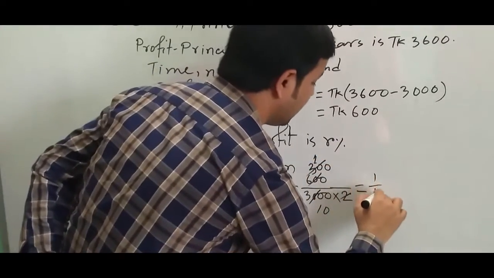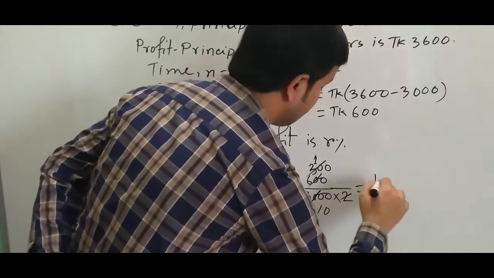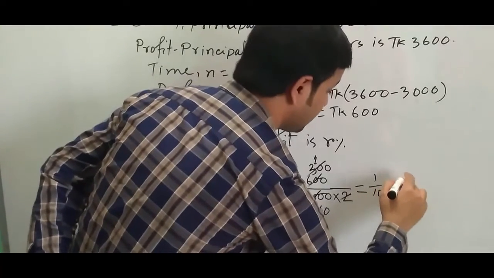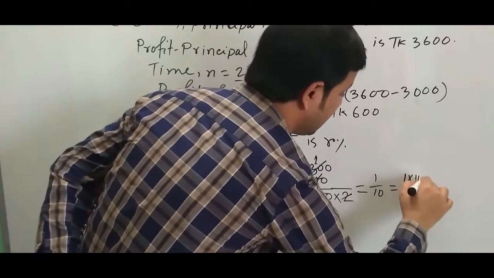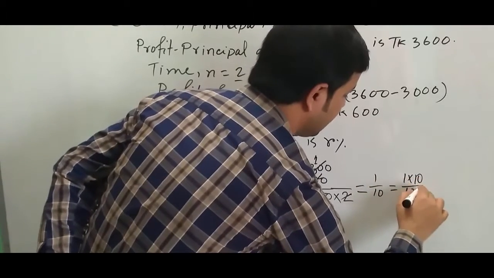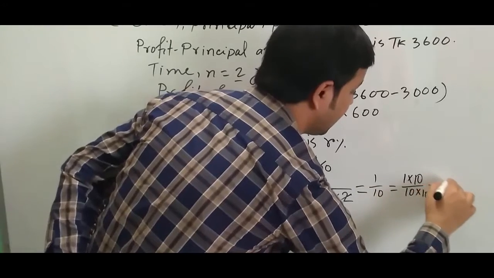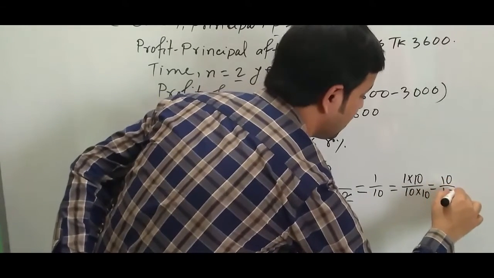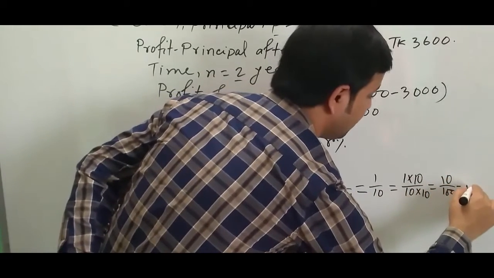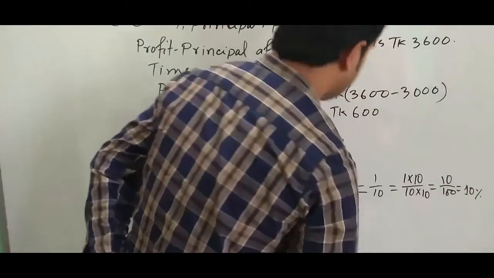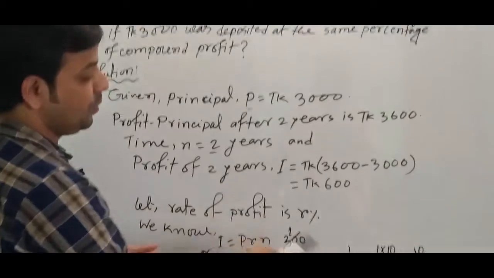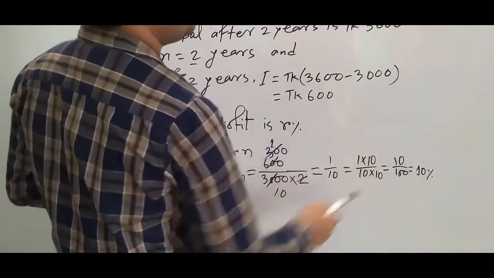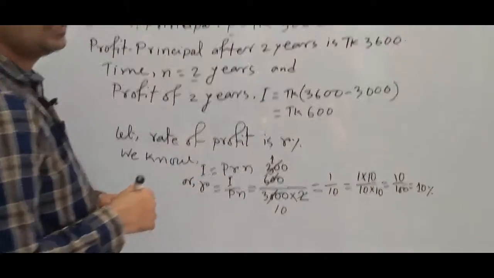We will get 1 by 10. 1 by 10 means 1 into 10 divided by 10 into 10. It means that 10 by 100. It means that 10%. So we can say the percentage of simple profit is 10.